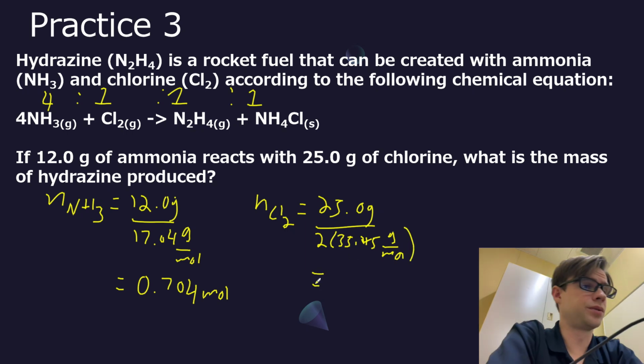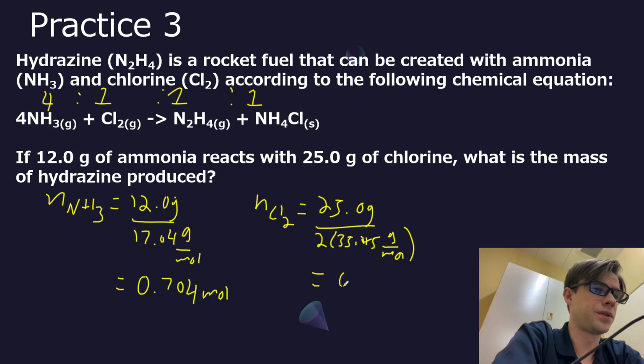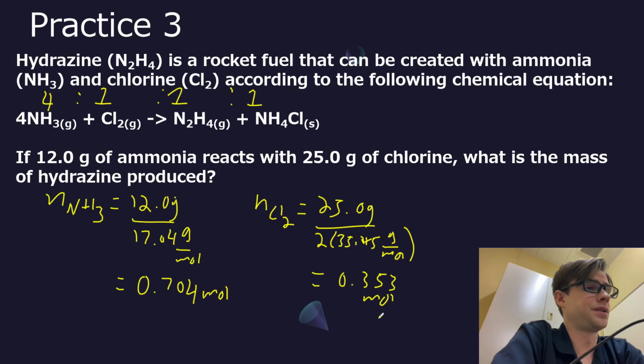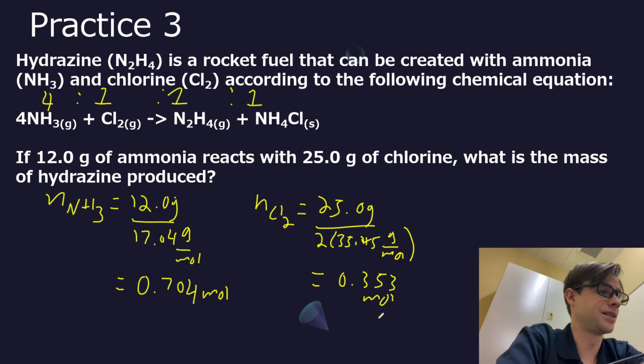That should come out to 0.353. All right, so make your guess which of these is limiting. We need 4 times as much NH3, which it doesn't look like we have, so let's assume NH3 is limiting.